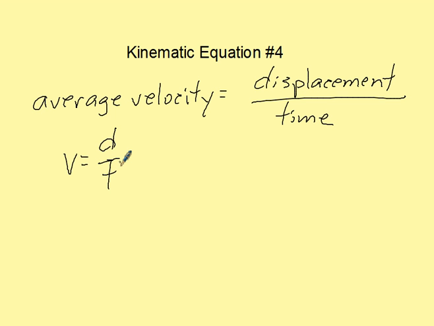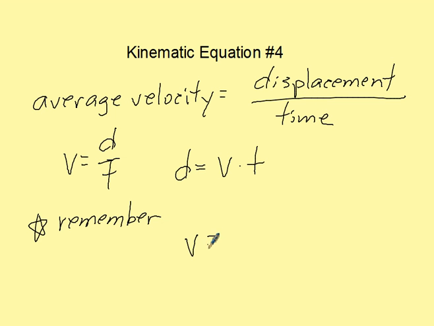If we multiply both sides of the equation by t, we can say then that displacement of an object is equal to its velocity times the time. Now I want you to turn back in your composition books to when we did kinematic equation number 2. And what I'd like for you to do is remember that the velocity of an object can be described as the initial velocity plus the final velocity of an object divided by 2.